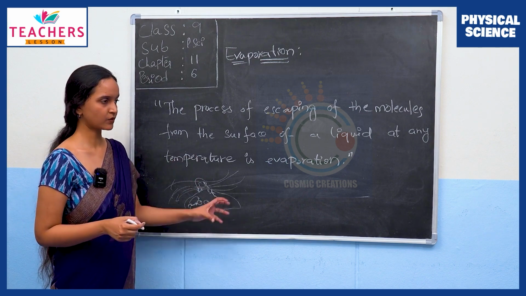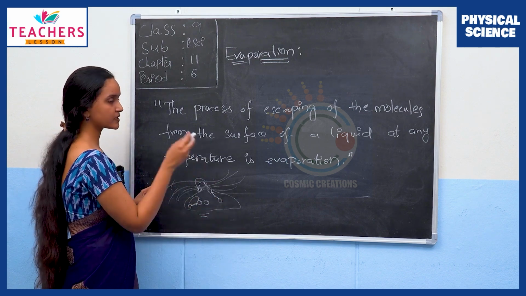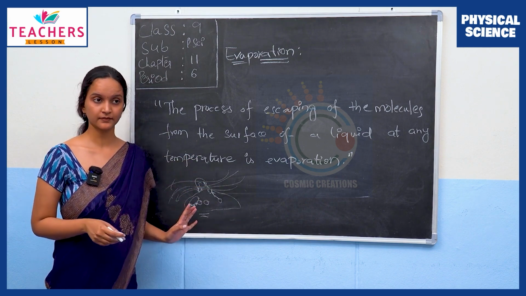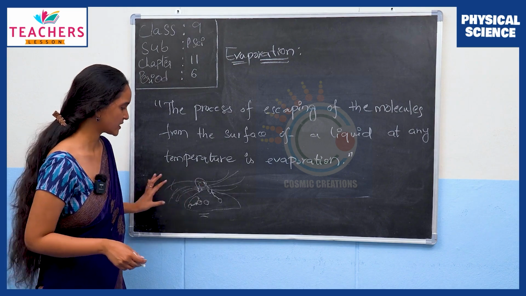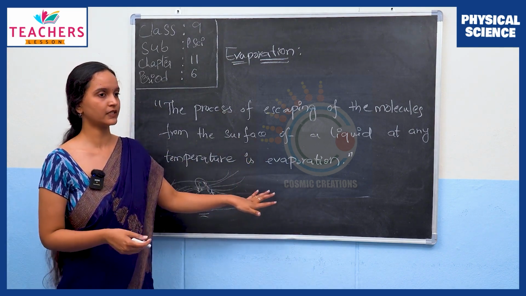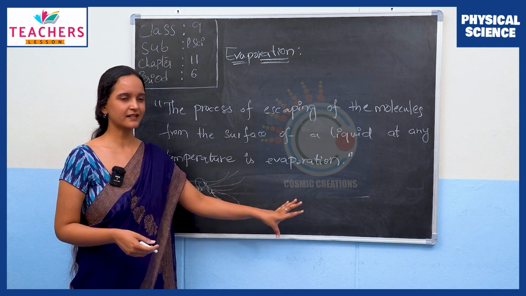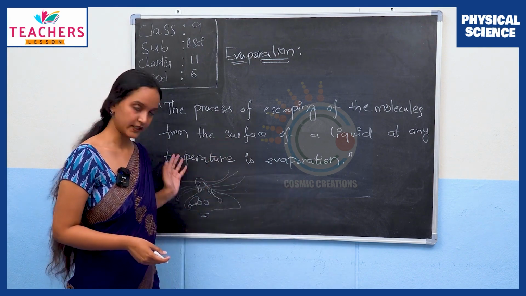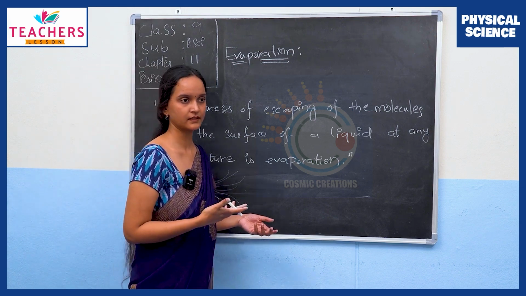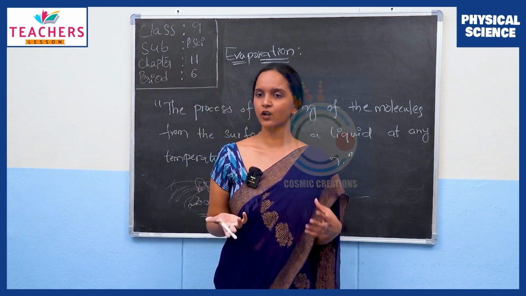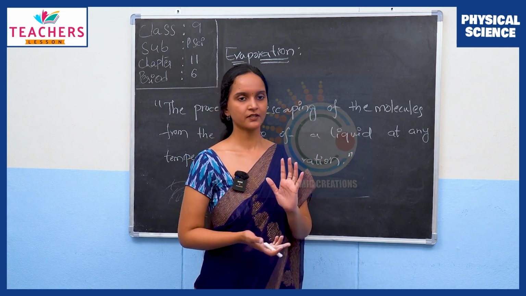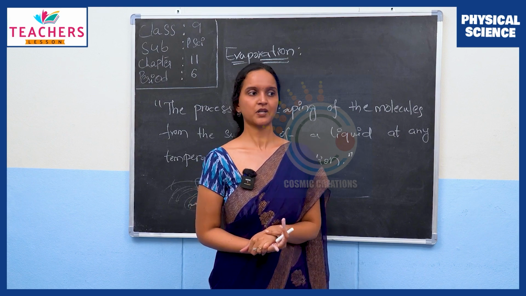So the escaping molecules are blown away from the surface of the liquid due to wind. That means the chances of these escaping molecules returning back to the surface of the liquid are slim because there is wind, and hence evaporation is faster under the ceiling fan, or during a windy day. Any questions?